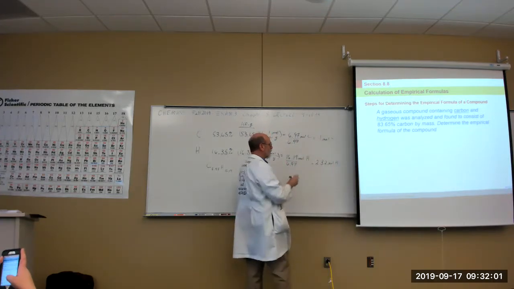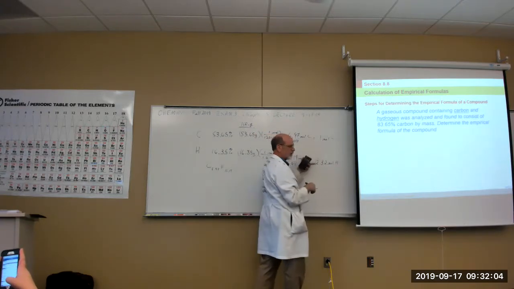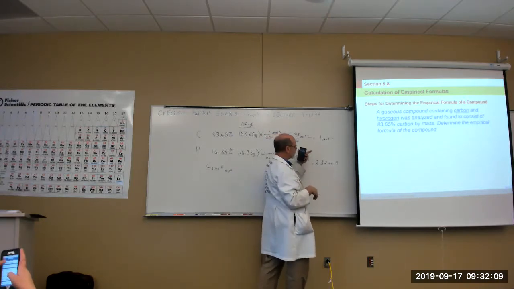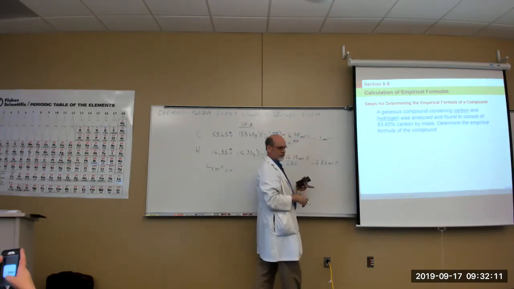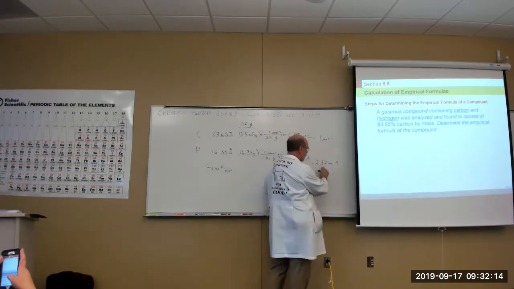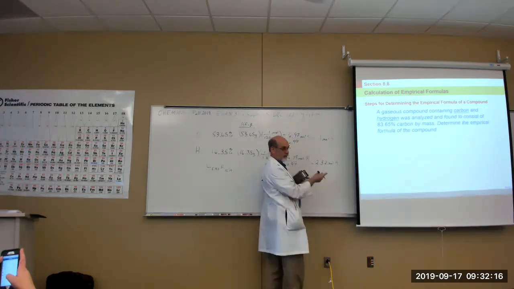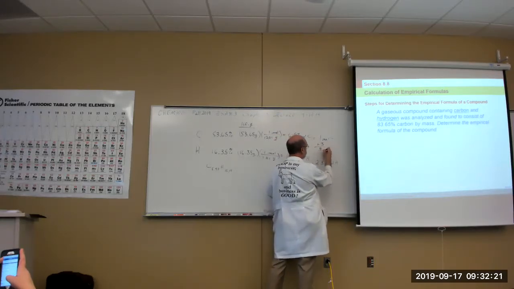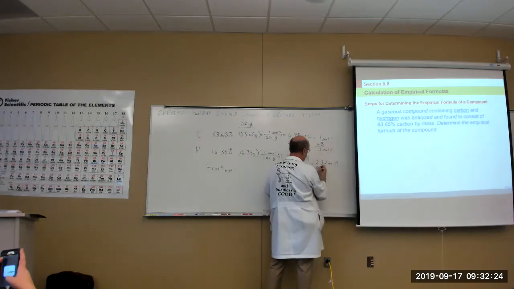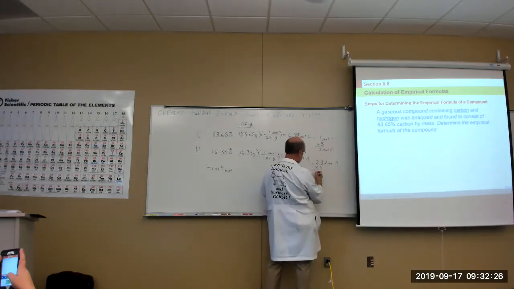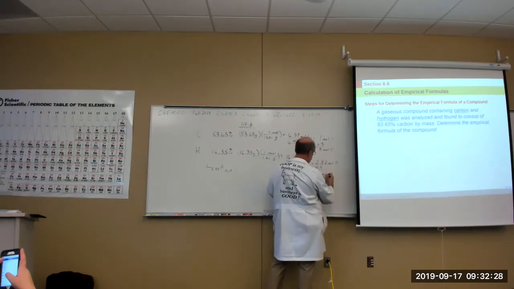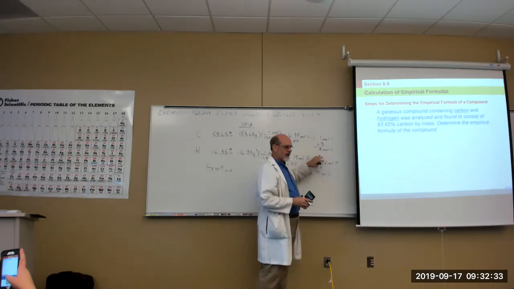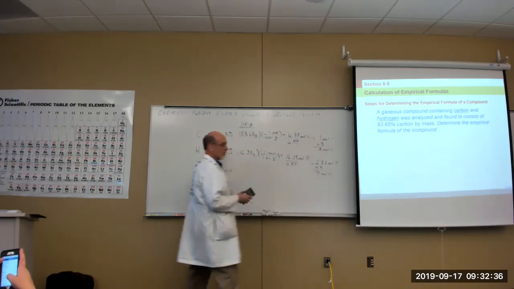Now, is there a number that we can multiply by these two? Because we've got to multiply by the same number and give us a whole number for both of them. Well, this is about 1/3. So if we multiply by 3, times 3 gives us 3 moles of carbon, and times 3 gives us 7 moles of hydrogen. So at this point, it's okay to estimate a little bit because experimental error itself is going to throw you off.